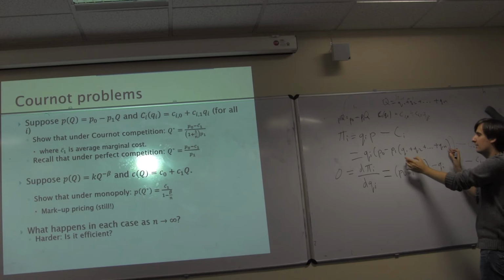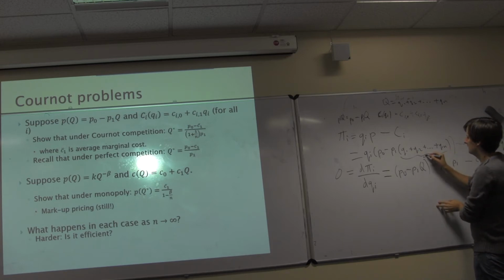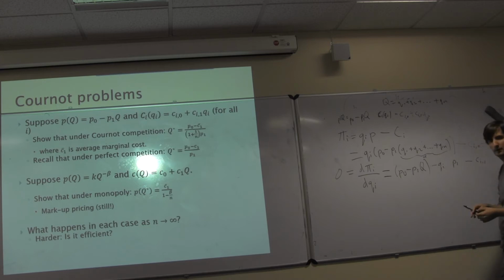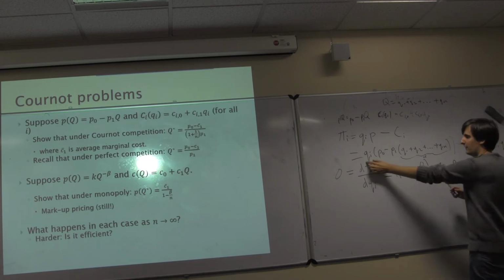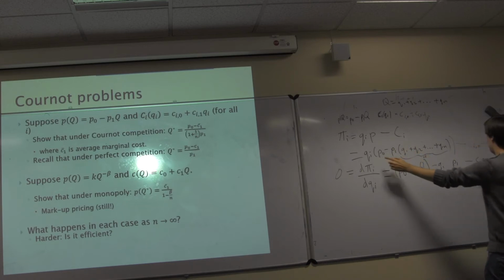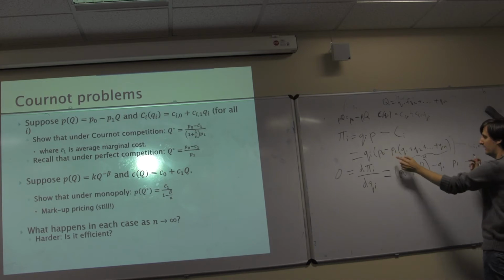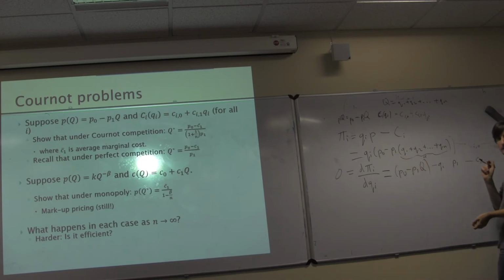This thing is just Q, that's just defined as Q. Oh no, I see what you did. Yeah, so we differentiated that bit, and then we kept that bit, which is why we've got a Qi there, and then we differentiated this bit, which is why we get the minus P1. Yeah, you happy now? Yeah.